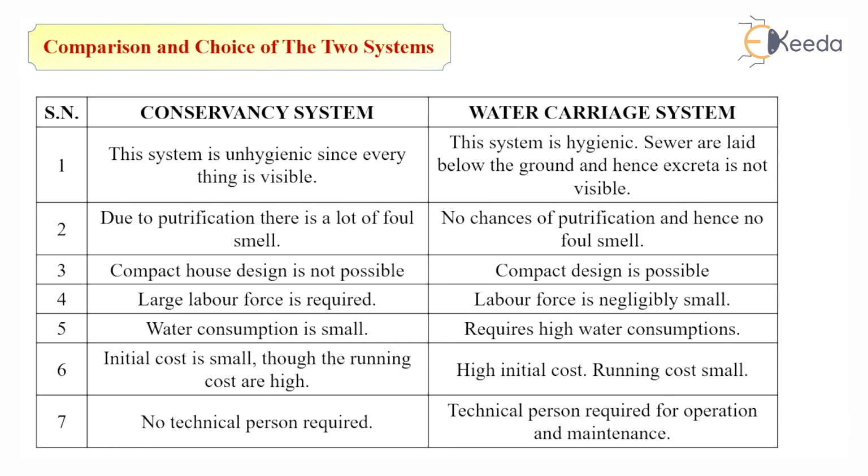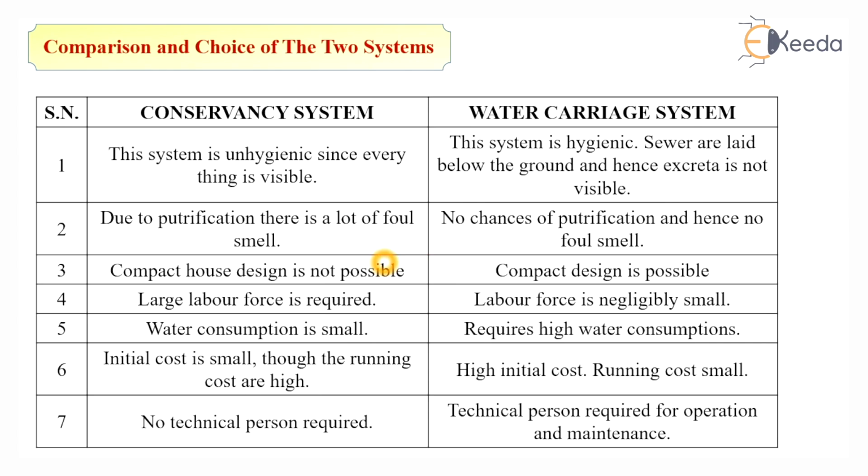Second point is foul smell. In conservancy system, due to putrefaction or anaerobic decomposition, there is a lot of foul smell. And in water carriage system, no chances of putrefaction or anaerobic decomposition and hence no foul smell.